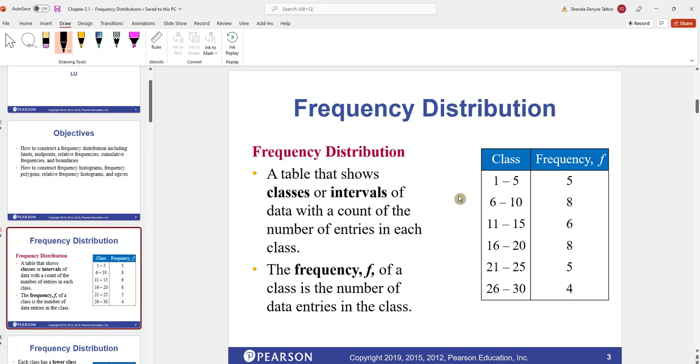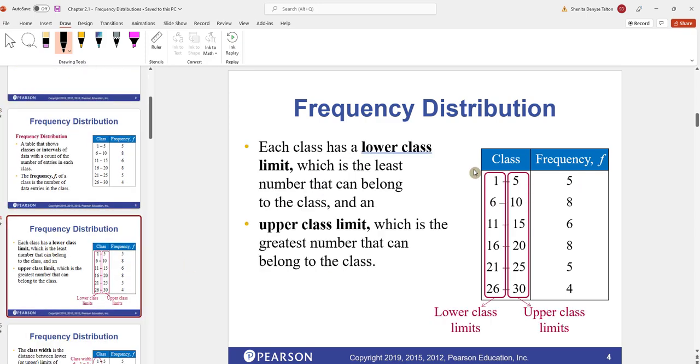A frequency distribution is a table that shows classes or intervals of data with the count of the number of entries in each class. The frequency, which we denote by the letter F, of a class is the number of data entries in the class. If you look over here to the right, I have a frequency distribution, I have my classes, and I have the number of data values that fall within each class.